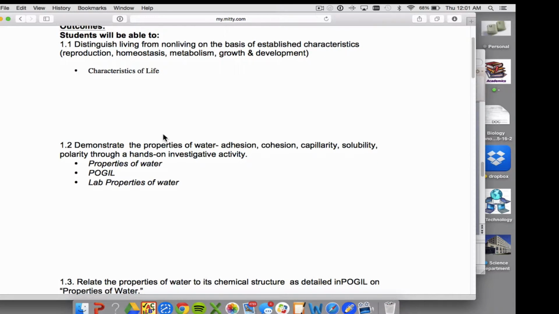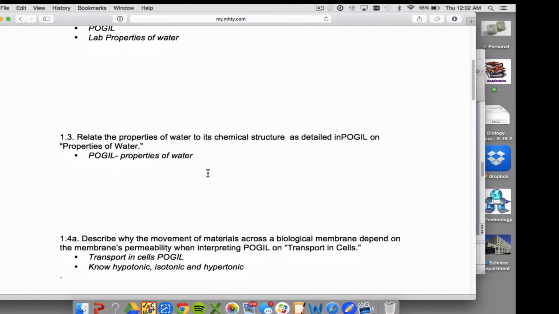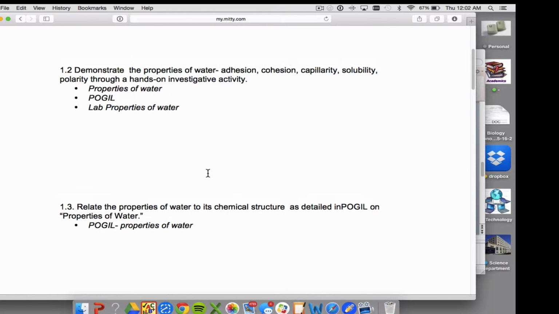Now move on to the next outcome. Demonstrate the properties of water: adhesion, cohesion, capillarity, solubility, polarity through a hands-on investigative activity. This basically deals with the properties of water, as does 1.3. Make some notes here.